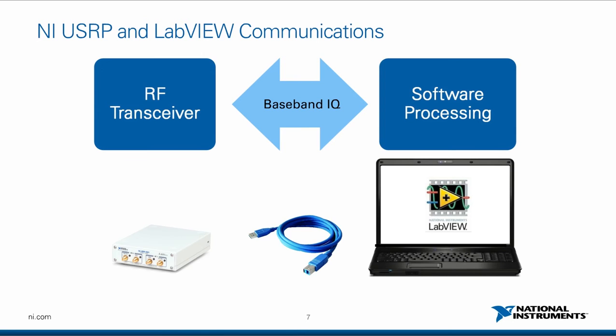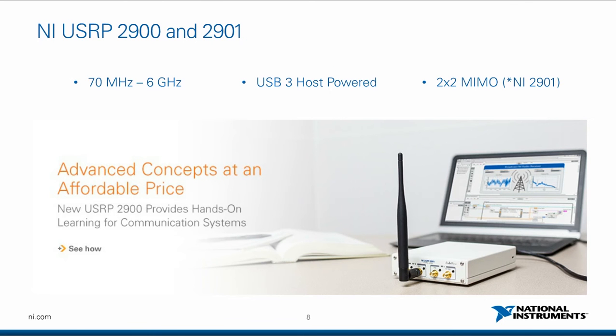These new USRP devices designed for teaching, they are the NI USRP 2900 and 2901. They have continuous frequency range from 70 MHz through to 6 GHz. Now that means that you can experiment with everything from FM radio stations through mobile, ISM and Wi-Fi bands.